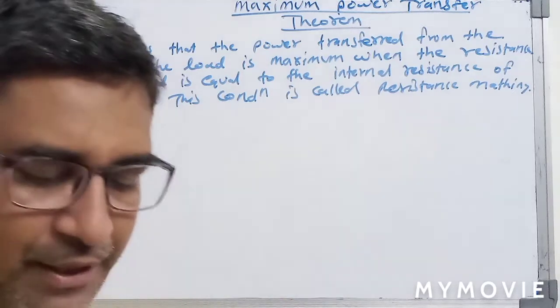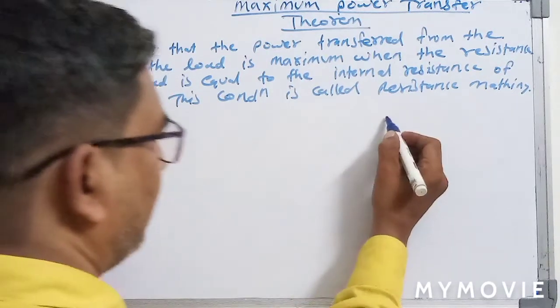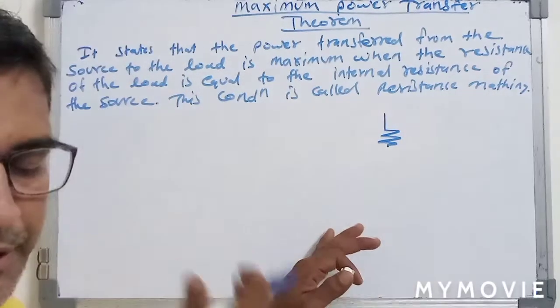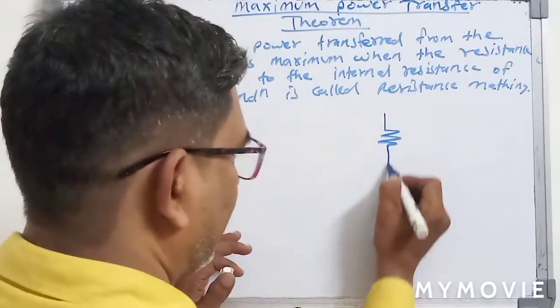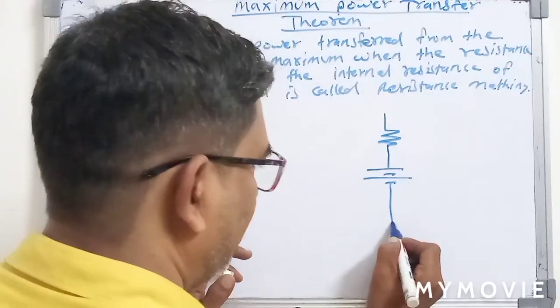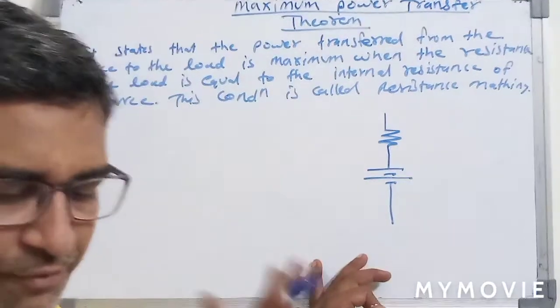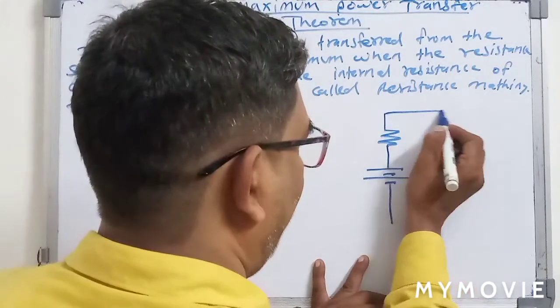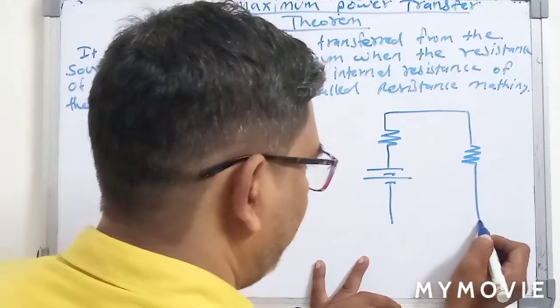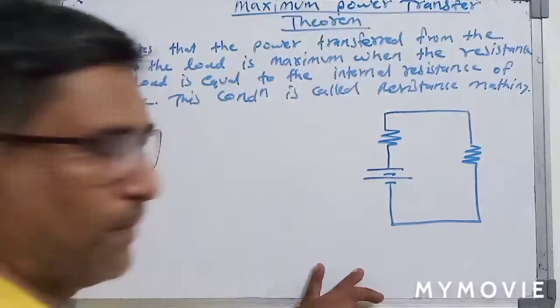Suppose you have the circuit like this. One small resistance is there, which is called the internal resistance. This is the battery, the voltage source we are going to consider, and here again one resistance is connected like this.